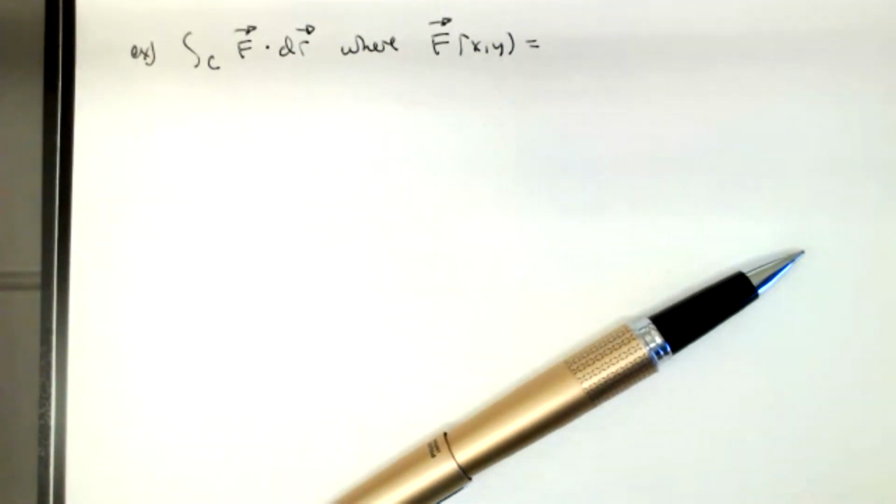So let's come up with an example. What we need for an example is a vector field over which we're going to integrate.